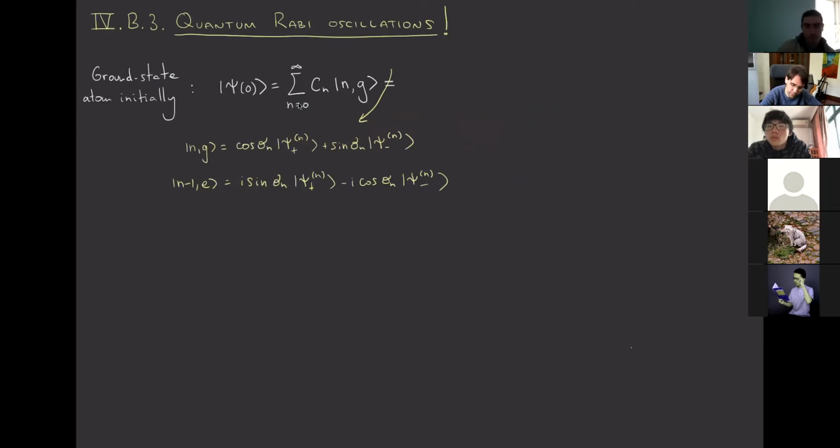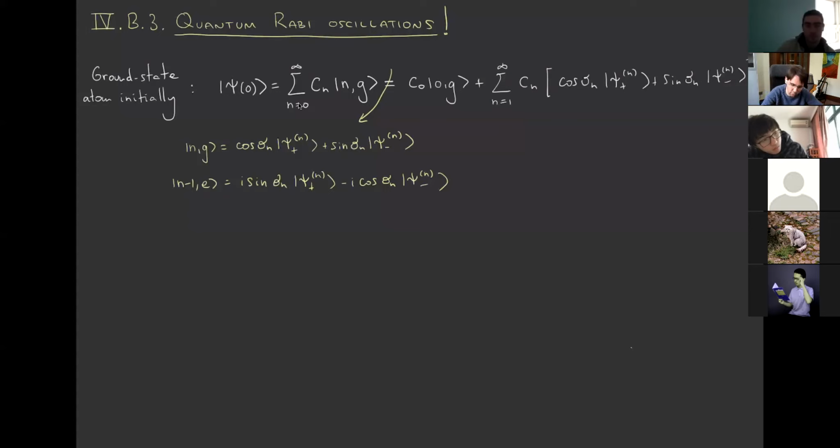And then using this, we can rewrite the initial state in the following form. We will have this plus the sum from 1 to infinity of Cn times cosine theta n psi plus n plus sine theta n psi minus n.